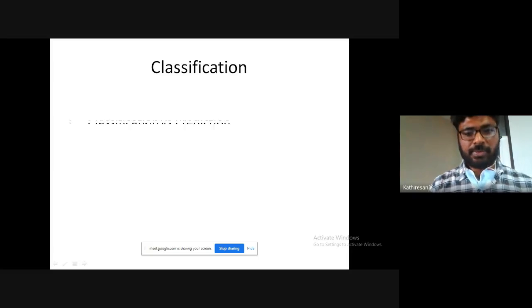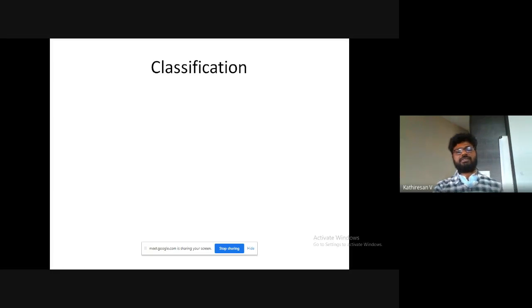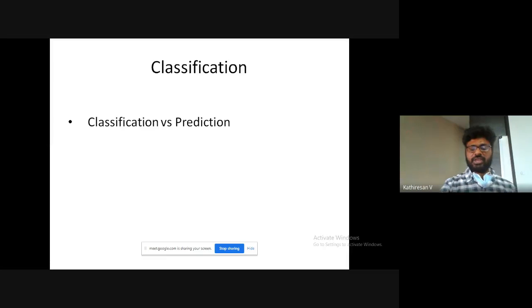Okay, now, as we discussed earlier, logistic regression is used for classification. Now we are getting into classification, then prediction. So we have to ask the question, what is the difference between classification and prediction? Mostly with prediction, we are predicting numerical, quantitative values.